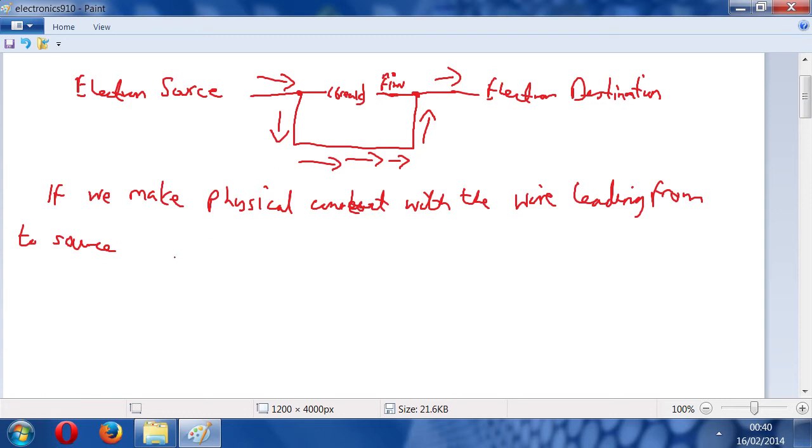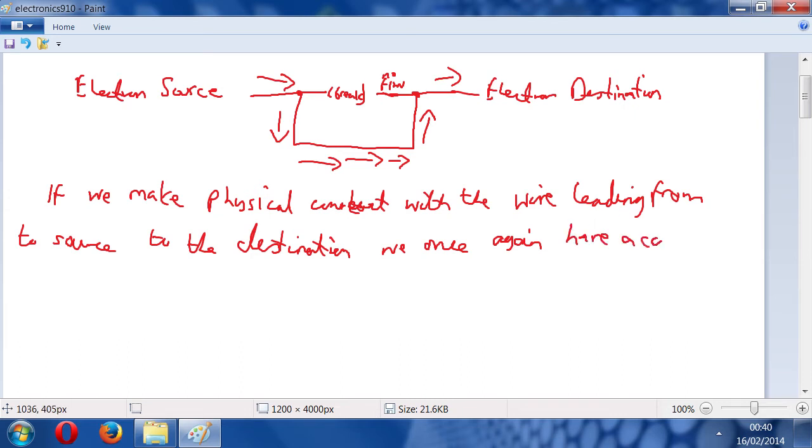That's the whole point. We once again have a continuous path for electrons to flow.